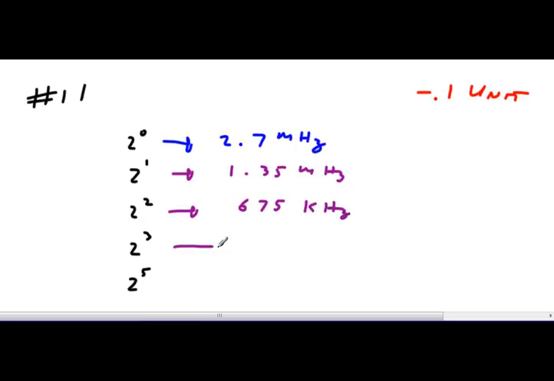And then half of that, 37.5 kilohertz. And then because I skipped one, I got to divide it twice.